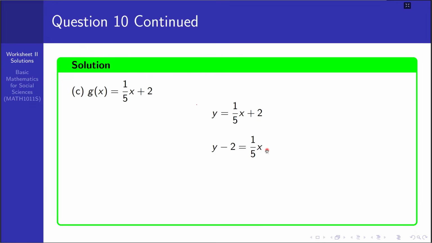And multiplying both sides of this equation by 5, we have x equal to 5 times y minus 2. Therefore, g inverse of x could be 5x minus 10, that is distributing this one over here. We can have 5x minus 10 will be directly the inverse of this function.